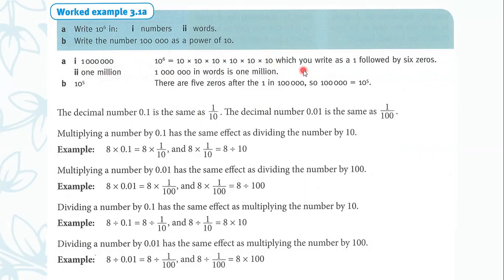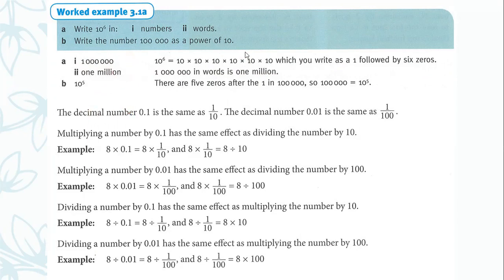So it is 1 followed by six zeros. Three zeros show thousand, four zeros 10,000, then 100,000, and then 1 million.